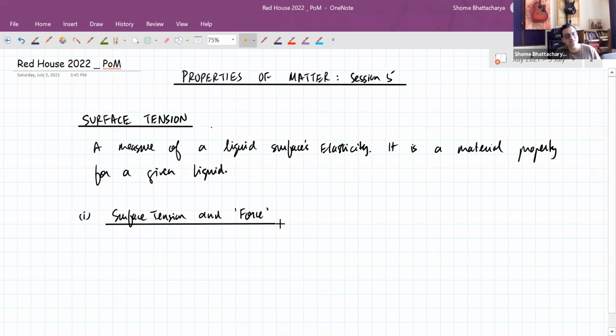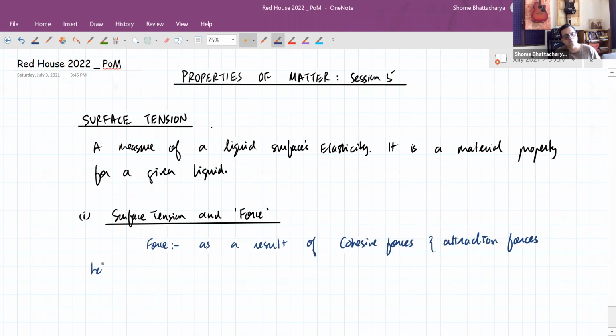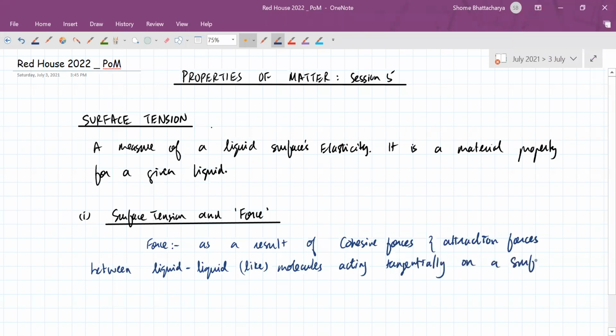So this force is basically as a result of the cohesive forces, that is attraction forces between liquid molecules, acting tangentially on a surface.